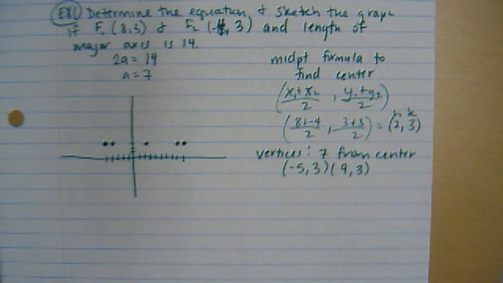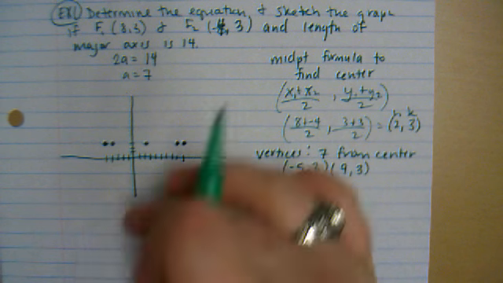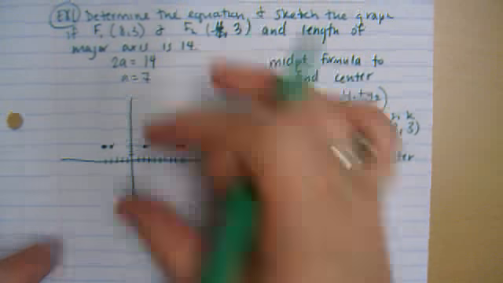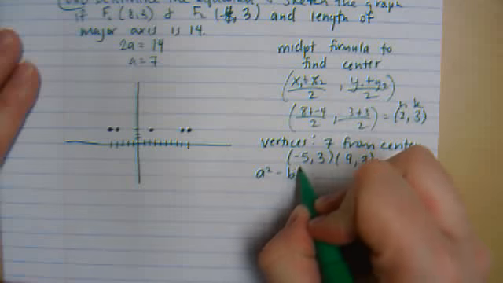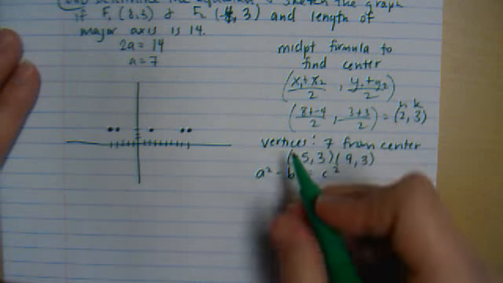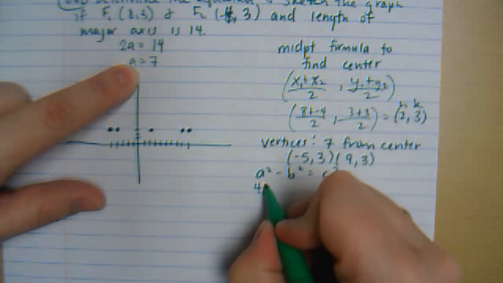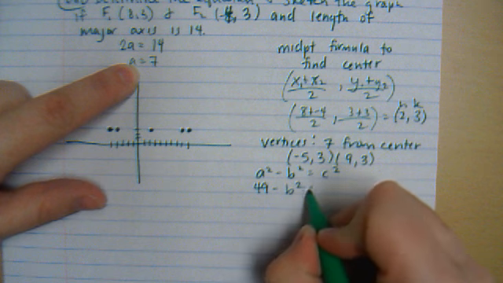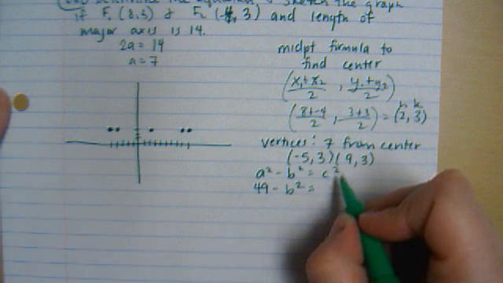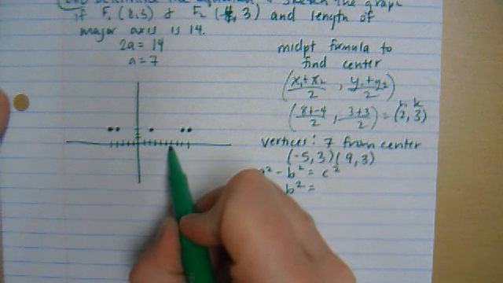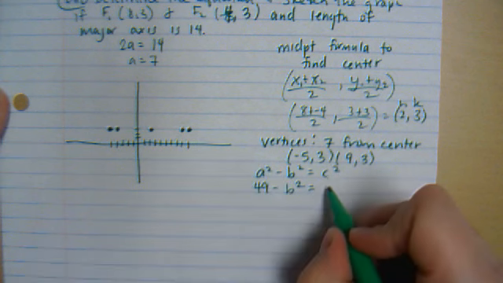Okay, now all we need to find is the co-vertex so we can figure out how wide this ellipse is. To figure that out, I need to use a squared minus b squared equals c squared. I know a is 7, so 7 squared is 49. I don't know b, and I know c is, well, we can count: 1, 2, 3, 4, 5, 6. So 6 squared is 36.